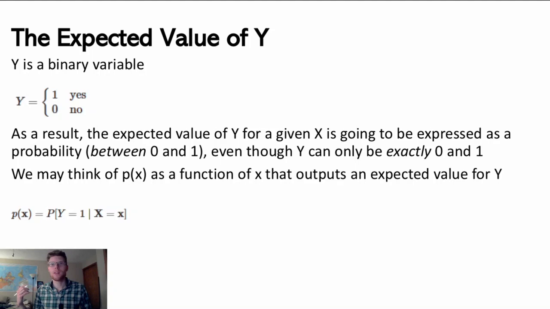If I observe 100 days where I had a certain set of conditions, it may rain on 72 of them and it may not rain on 28 of them. So even though each individual day is either going to be rain or no rain, I can label that as a 1 or a 0. Holistically, when I'm trying to model that, I'm going to represent the expected likelihood of rain with a probability that represents how often it should rain, my best estimate for what's going to happen.